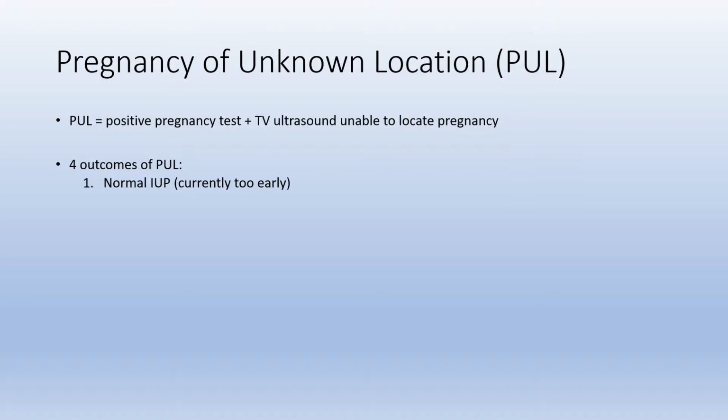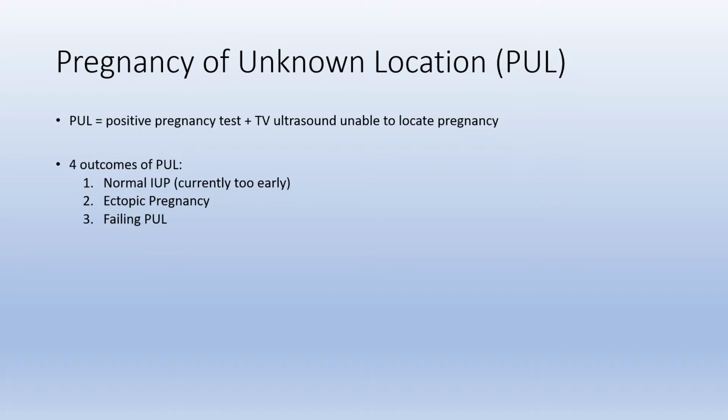Firstly, it can be a normal intrauterine pregnancy that's too early, with the discriminatory zone of HCG being somewhere between 1,000 and 1,500 to visualise a normal intrauterine pregnancy on TV ultrasound. Or perhaps it could be a multiple gestation. It could be an ectopic pregnancy. It could be a failing pregnancy.